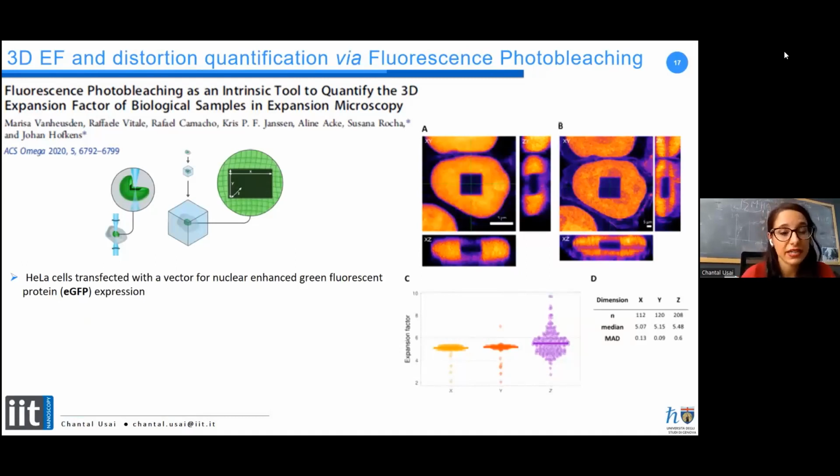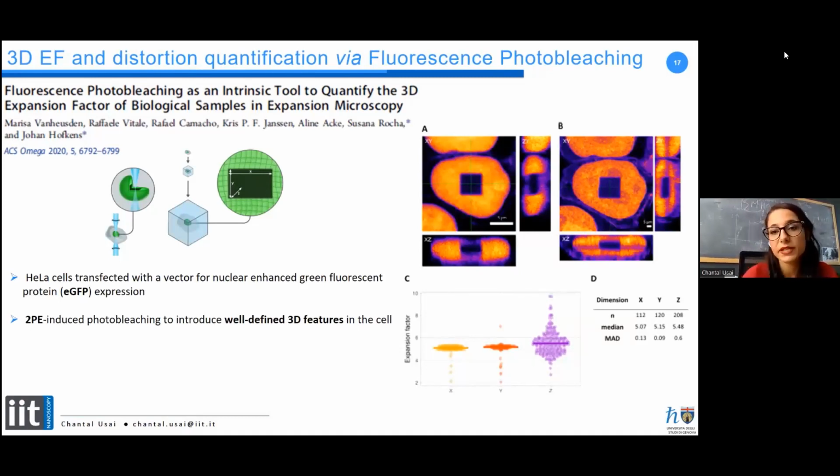What they did was to transfect HeLa cells with a plasmid to induce the expression of nuclear enhanced green fluorescent protein, and then they used 2-photon excitation to induce photobleaching of the EGFP, introducing well-defined 3D features in the cells.